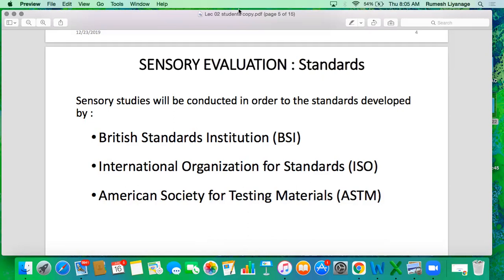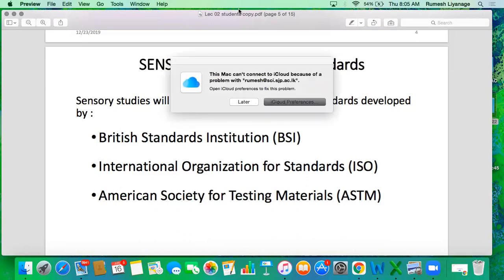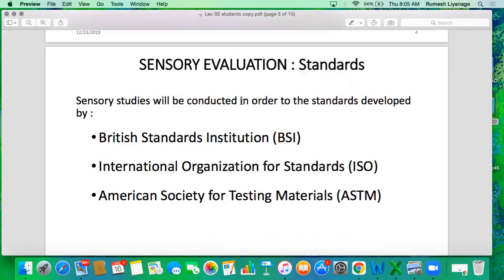When they go to the industry, when they are going to develop new food products, in their career, in their life, everywhere, sensory analysis is very important. I don't know what they are going to do in future, right? So therefore, I'm not going to share this recording, and they have to read the presentations and understand.